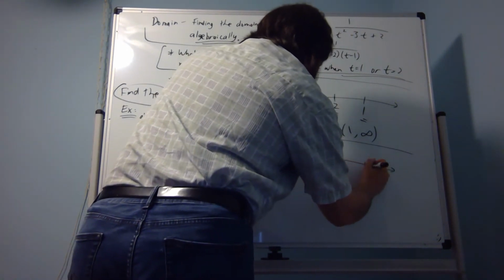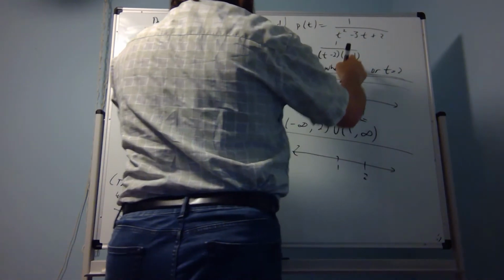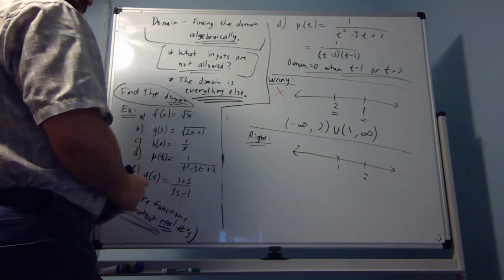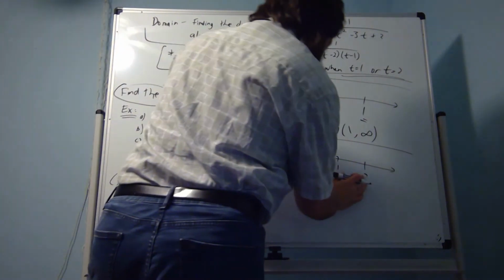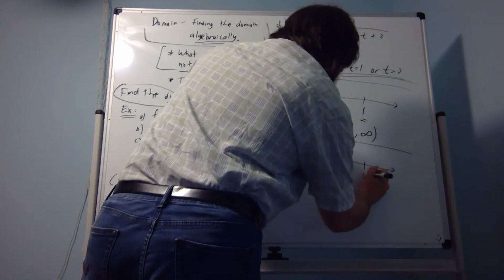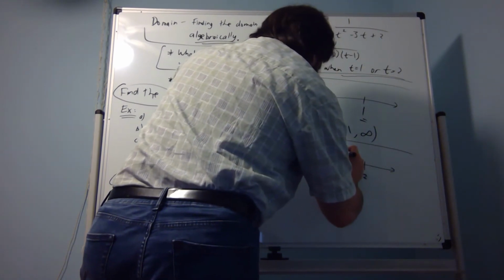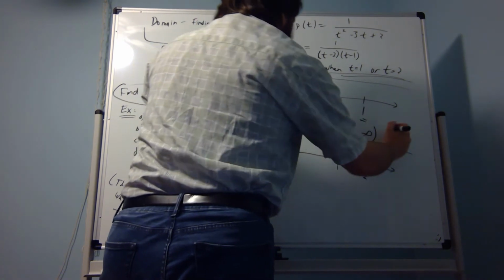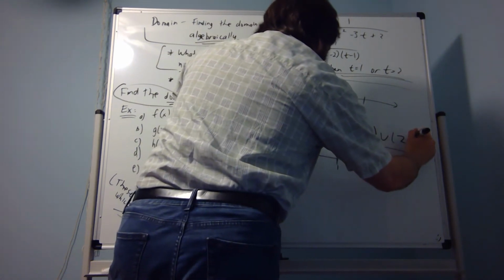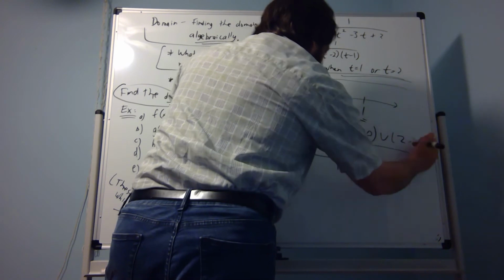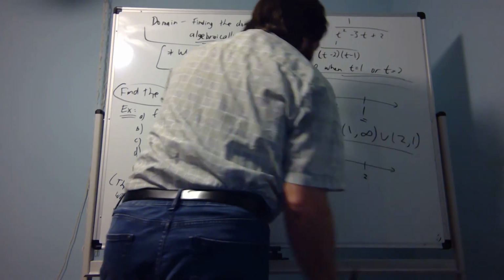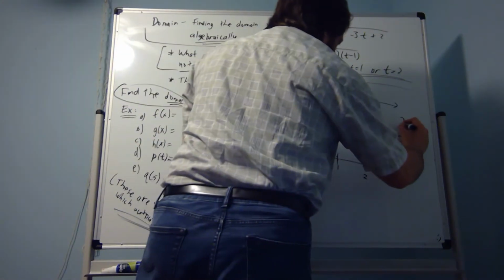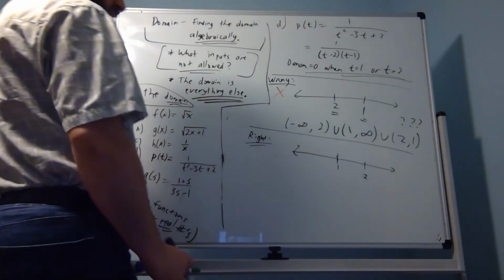So, 1 is when this part of the denominator is 0, then the whole denominator is therefore 0, and then again at 2. The right answer is, well, here's the one that's really weird. We go from 2 to 1, we get the thing in the middle. Well, what does this one even mean is kind of an issue right there.